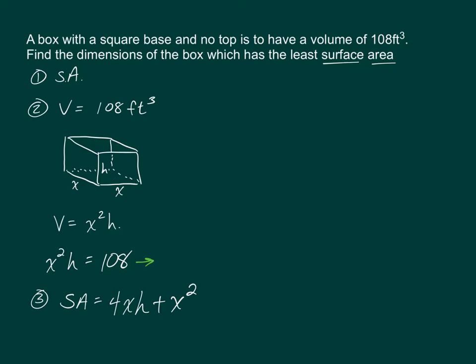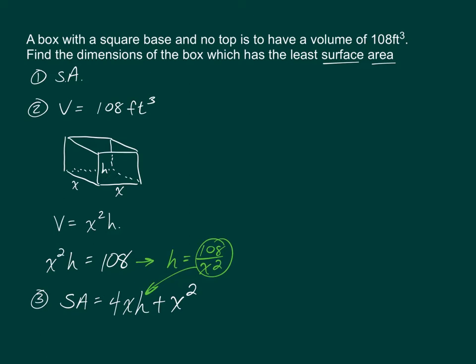Because when you take the square root of an x squared, you get a plus and minus square root of whatever it is on the other side. So we definitely want to solve for h here, and this would mean h equals 108 over x squared, and I want to put this in here for h.